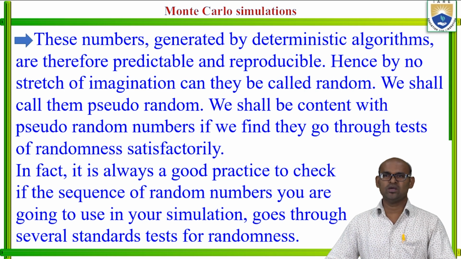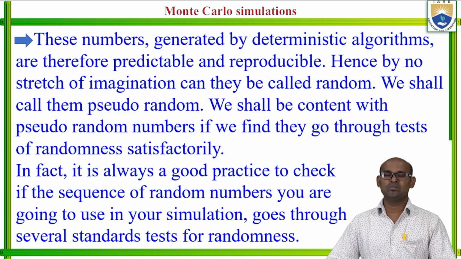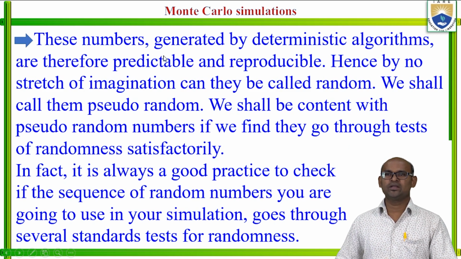That is the reason why we take an alternative step to generate these random numbers using a deterministic algorithm that doesn't need a lot of time and doesn't take more memory on the computer. Therefore these random numbers generated by a deterministic algorithm are predictable and reproducible.